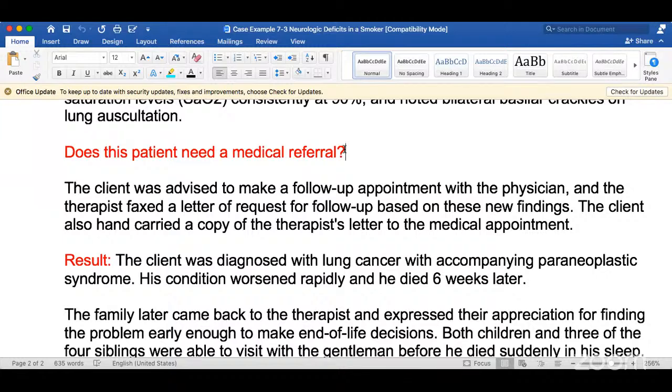I want you to throw more light on the need for medical referral. Is this only for red flags or a combination? And at what point do we refer? I just want you to elaborate more. Okay. Thank you very much.